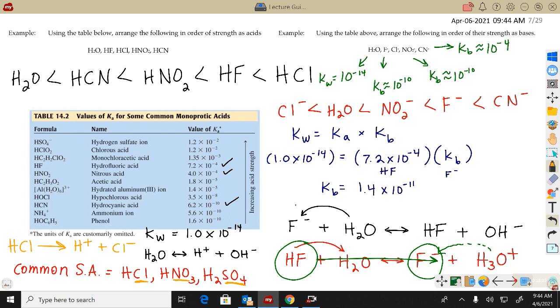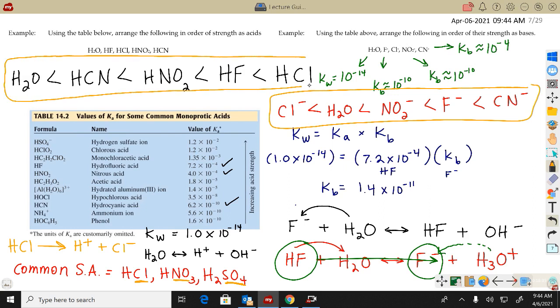That chloride will never, ever pick up the hydrogen and shift that reaction in reverse. If it were to collide with a hydrogen, they instantly dissociate, and they'll always stay ionized in solution. So the worst base is always the conjugate base from a strong acid. And so here are my final rankings. And then this was my strength as acids.